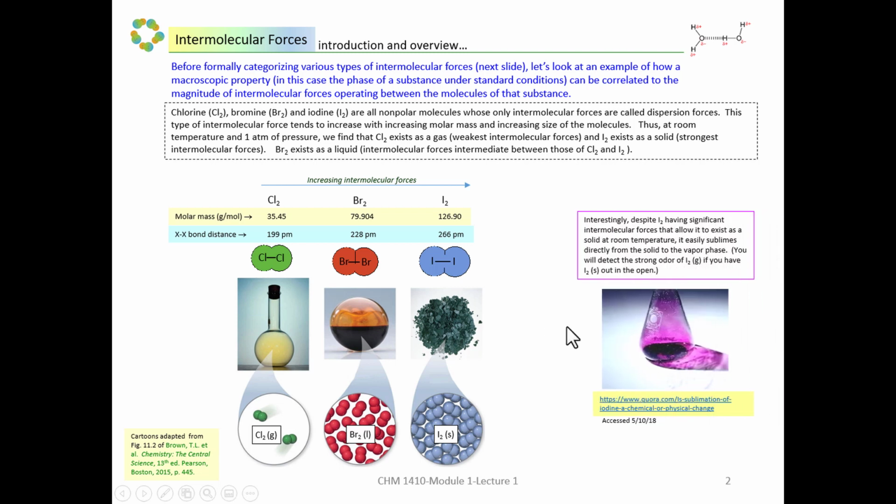So you can see at room temperature and 1 atmosphere of pressure, chlorine, which is the lightest and smallest molecule, exists as a gas. Bromine is a liquid. Iodine, heaviest and largest molecule, exists as a solid. And this is a reflection of the intermolecular forces operating between these.